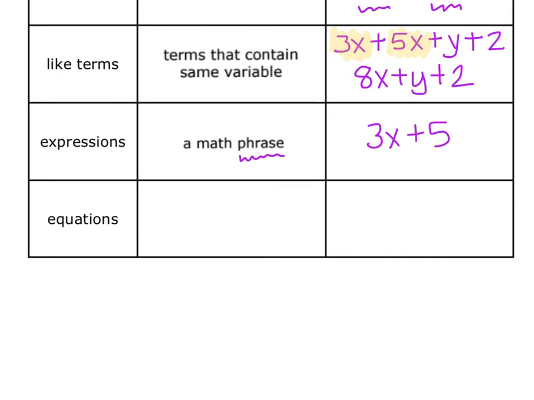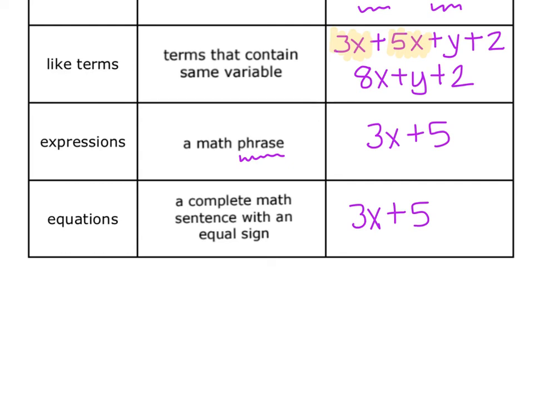Before we talk more about it, let's talk about what an equation is. An equation is a complete math sentence with an equal sign. You've heard us say write a math sentence before. That would be something like 3x plus 5 equals 20. That means that 20 is balanced out to this side over here. This expression is balanced with this expression.